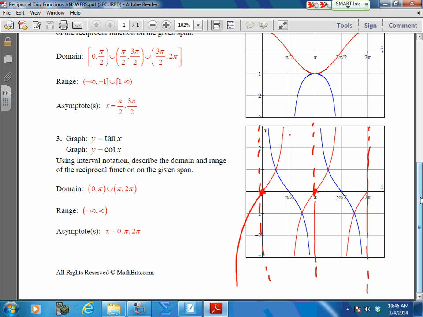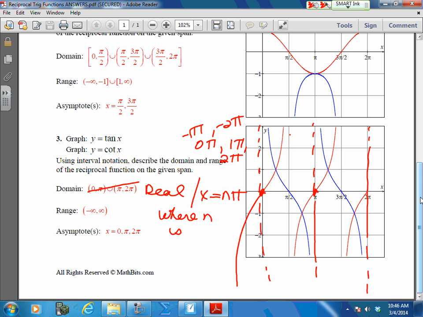And so now we're going to write our domain, real numbers, except when x is equal to 0 pi, 1 pi, 2 pi, negative 1 pi, negative 2 pi. So n pi, where n is any integer.